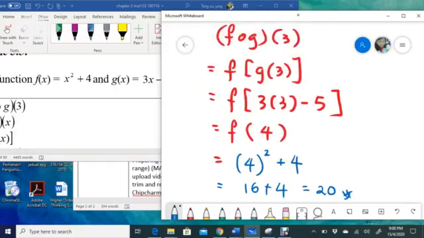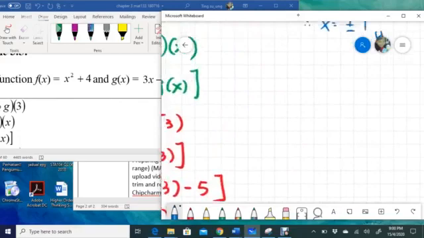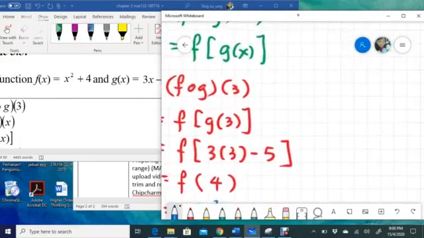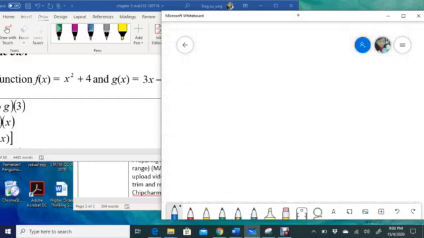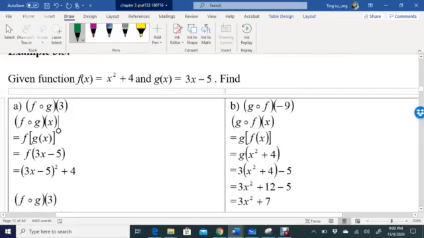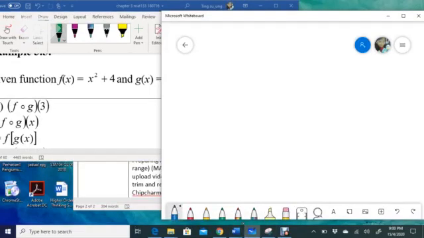Okay, let us look into B. g(f(negative 9)). So do remember the f is inside.